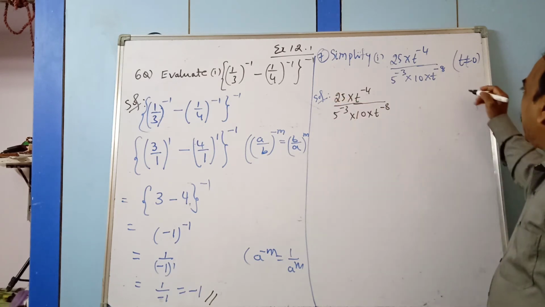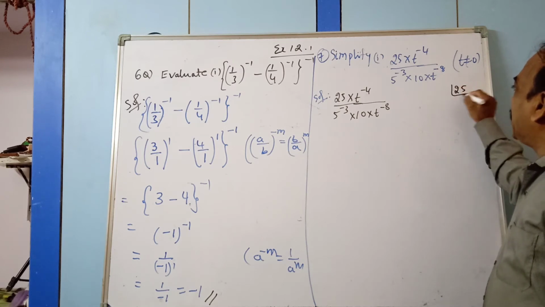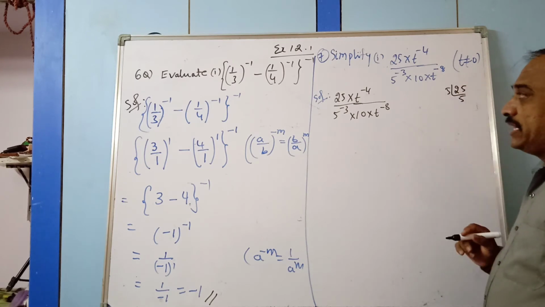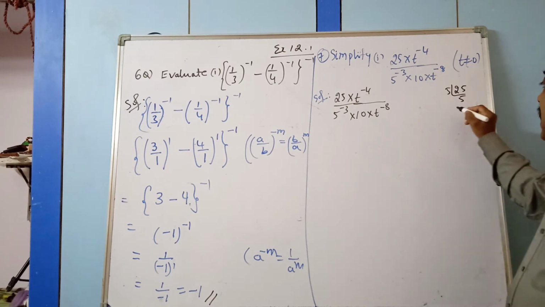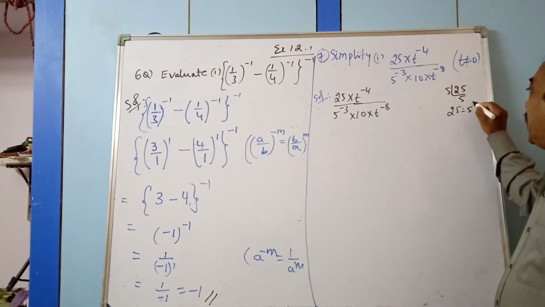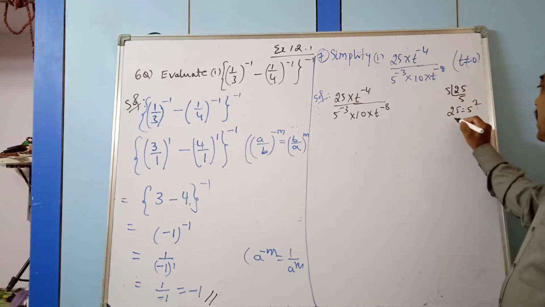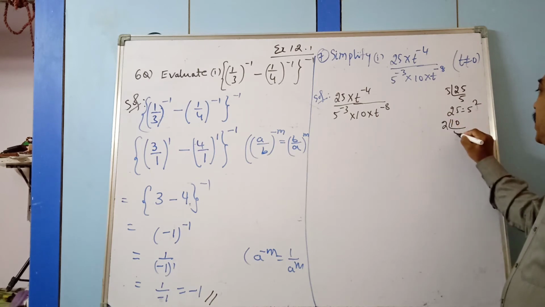I am writing 25 as 5 times 5, that means 5 squared. Then 10 can be written as 2 into 5.